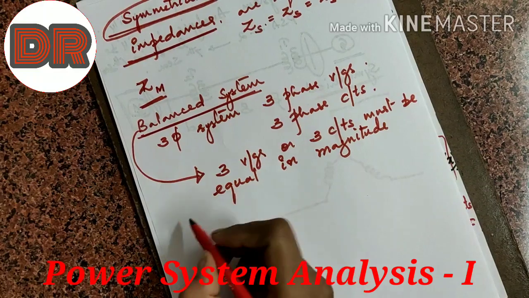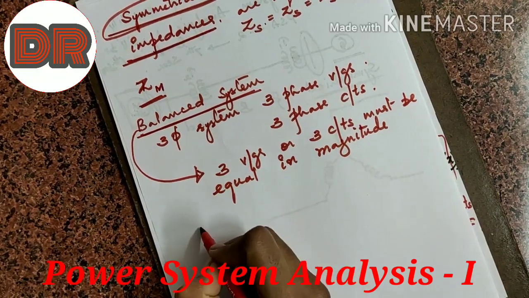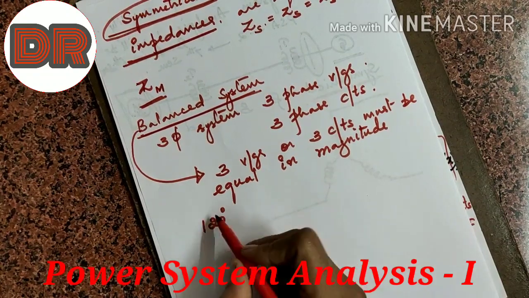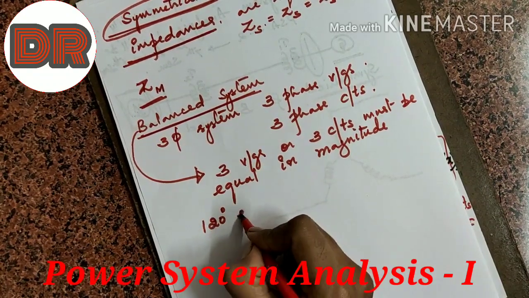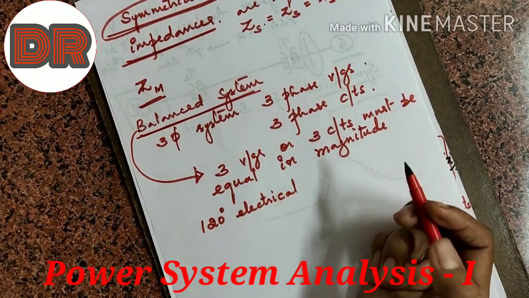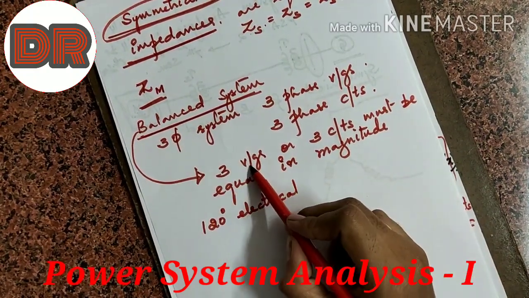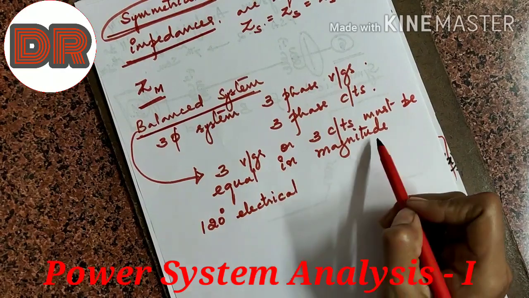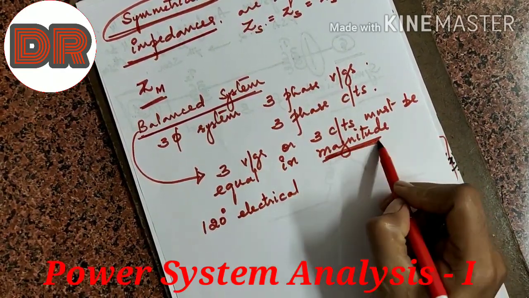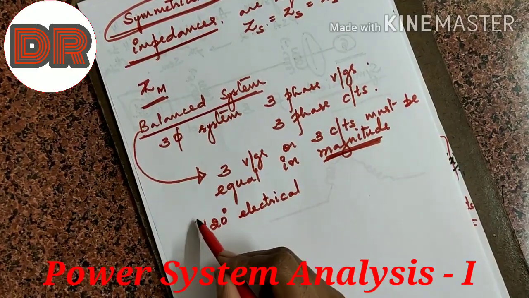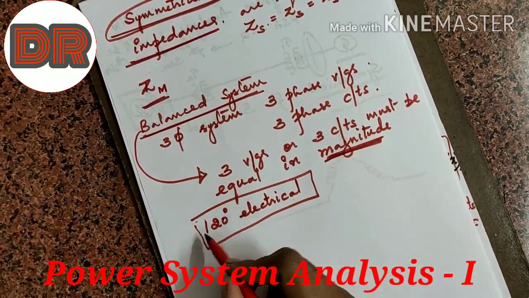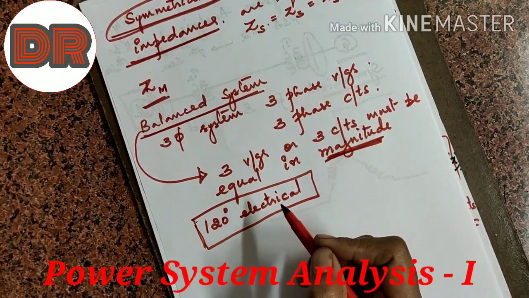We know that usually a balanced system has an angle difference between the phases of 120 degree electrical. So if a system is a balanced system, the three voltages should have the same magnitude, or if it is current, the three currents should have the same magnitude, and they should have an angle difference between the phases of 120 degree electrical.